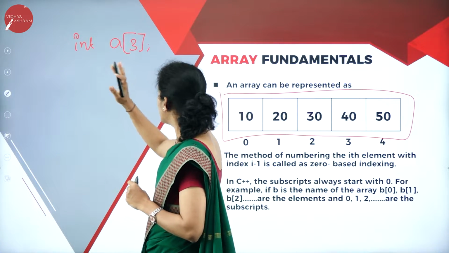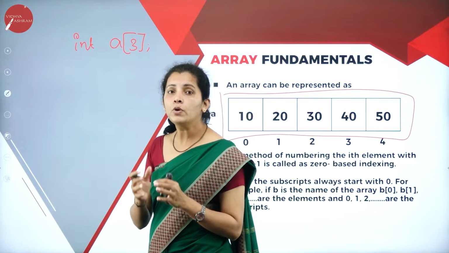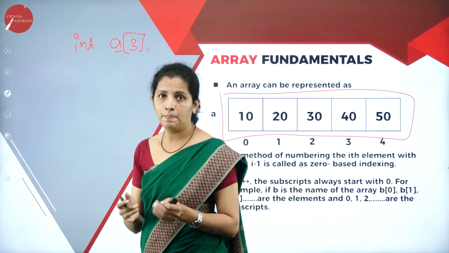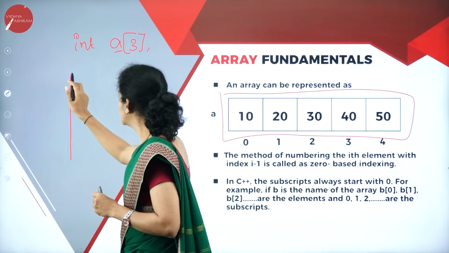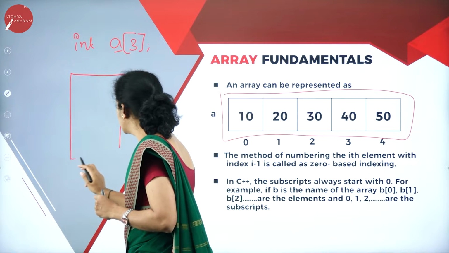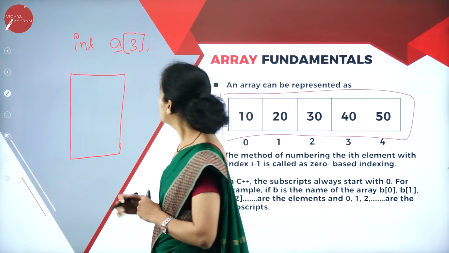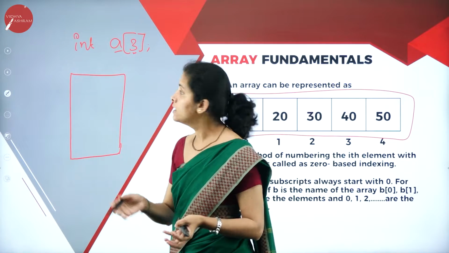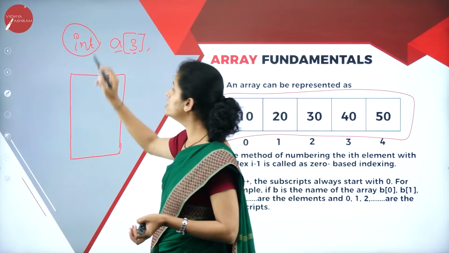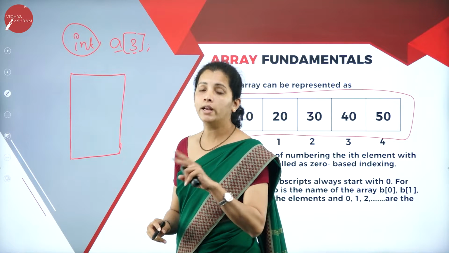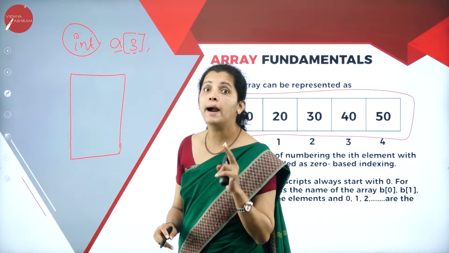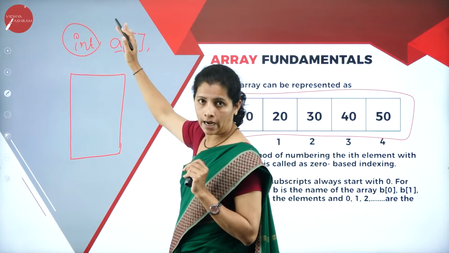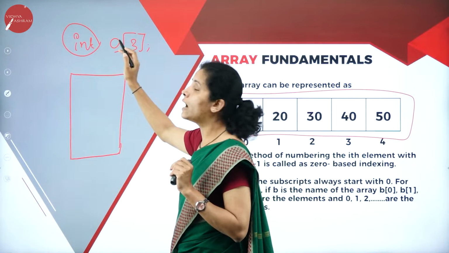When I write A of 3, the memory is created for this variable A. Now, think that this is my computer memory. What is the size of the array? It is 3. And what is the size of an integer? It is 2 bytes. 2 into 3, total 6 bytes of memory is reserved for this array.